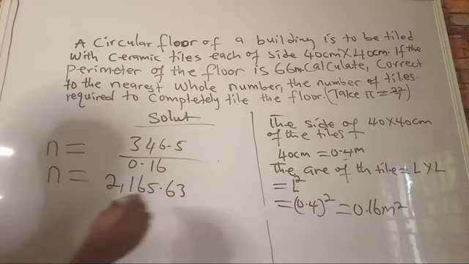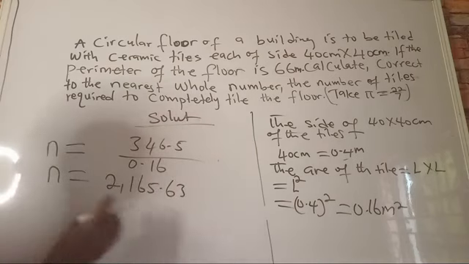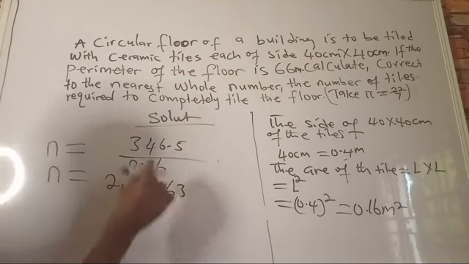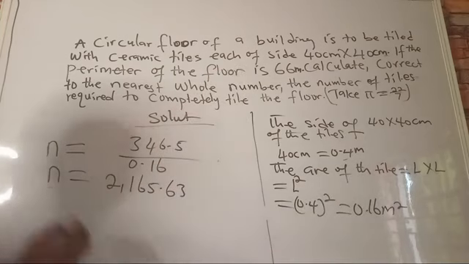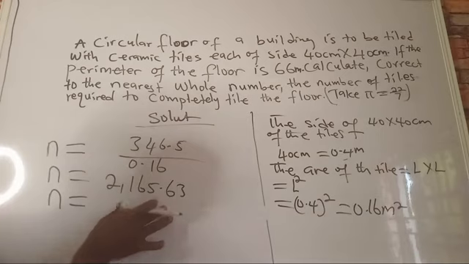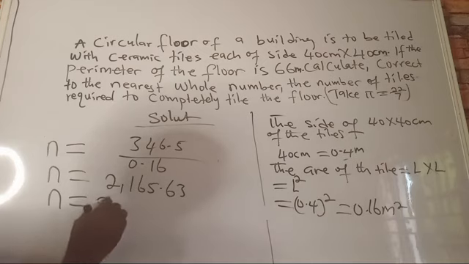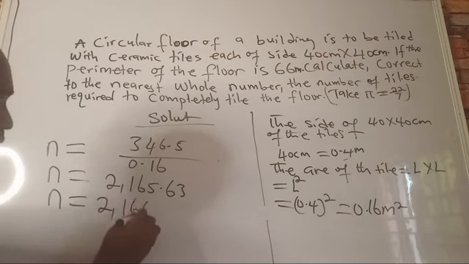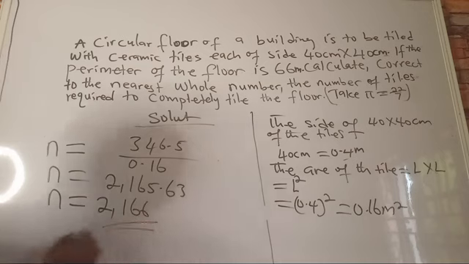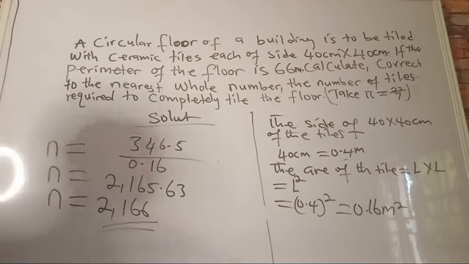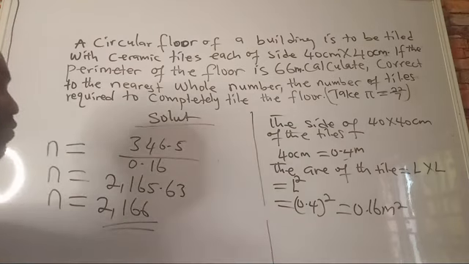But the question says we should do what? This is not going to have a unit, because area divided by area takes care of the unit. So to the nearest whole number, that is 2166 tiles. So this is the number of tiles that are going to be used in the building.